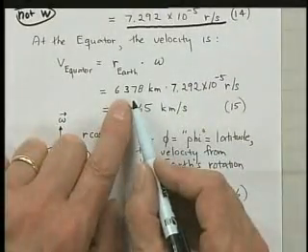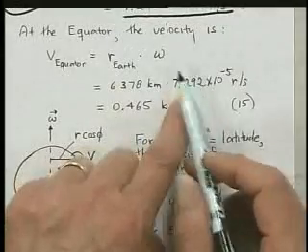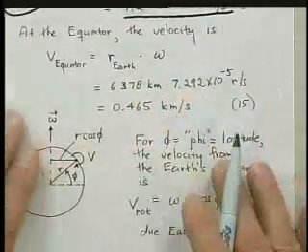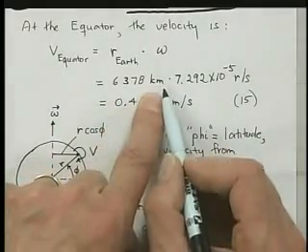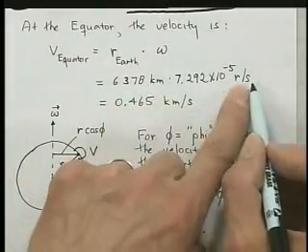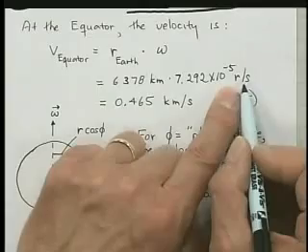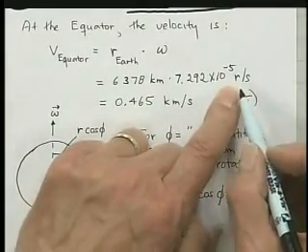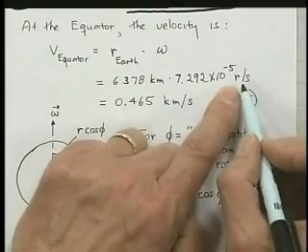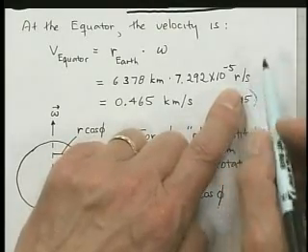So we use that, and I put in the Earth's radius and multiply by the angular velocity, omega, and I get, notice that we have kilometers here, we have radians, and we have seconds. By the way, radians are non-dimensional, and so you can drop the radians whenever you don't need it, because it doesn't have any units.